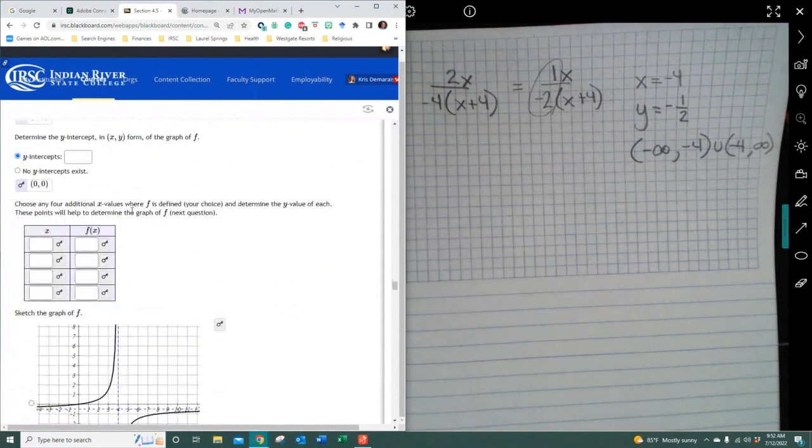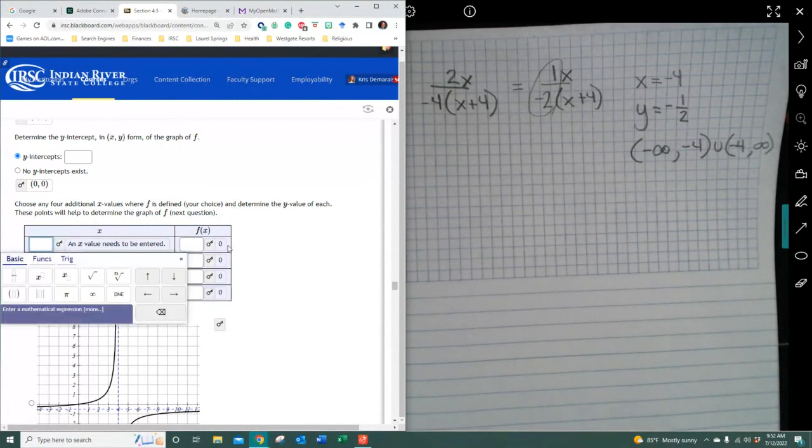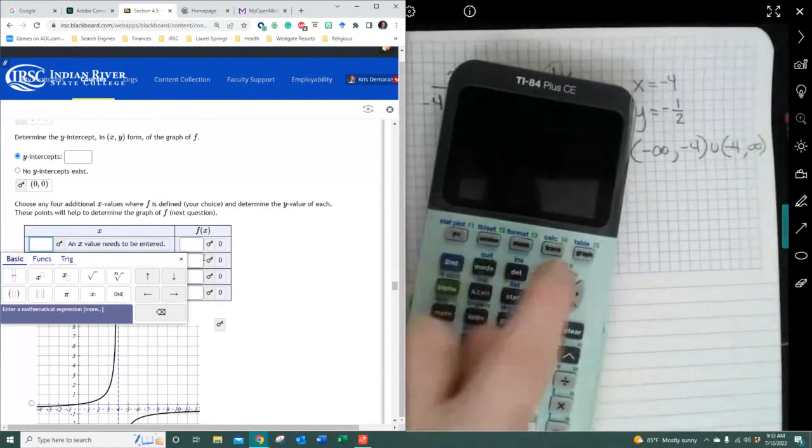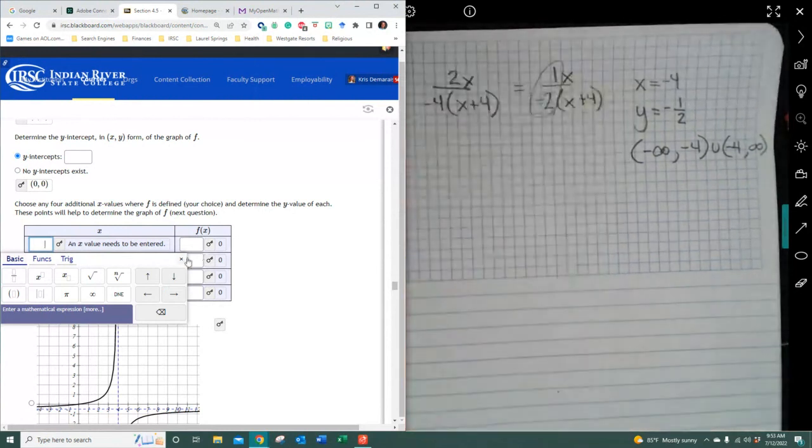And then choose any 4 additional x values. You can choose anything you want. The x values need to be entered, and you get the resulting value for whatever you produce. If you enter a value in here, then this will create the output needed for it. And all you have to do is use your second graph, which gives you your table, and you can use that too.